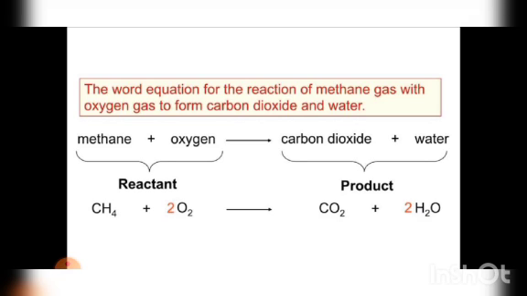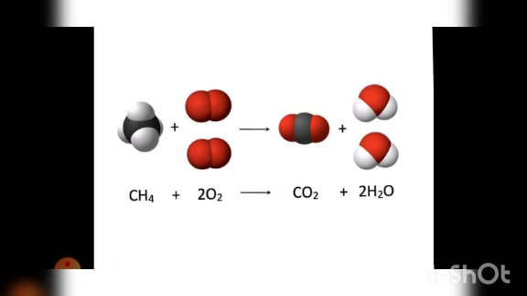If we go to the molecular level, this reaction looks like this. You can see here the structures of atoms. It's not exact, it is graphics which will help you to understand this better. The carbon atom, you can see CH4 how it is. The carbon atom is bigger. You know that carbon has 6 protons, 6 electrons, 6 neutrons, so it is bigger, whereas hydrogen has only 1 proton, so hydrogen size is smaller.